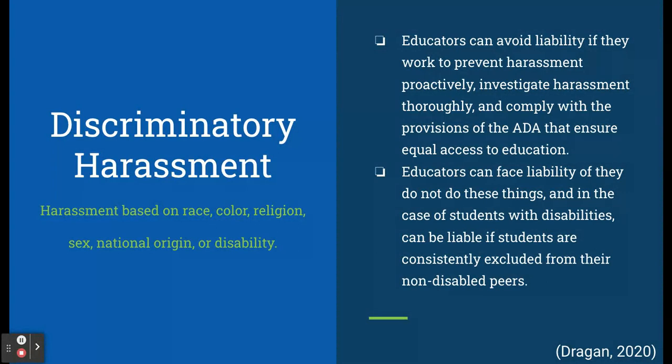And I also did want to specifically mention that we can be held liable if we're not providing our students with exceptionalities equal access to all of their opportunities across the school day, specifically talking about being excluded from field trips and things like that.